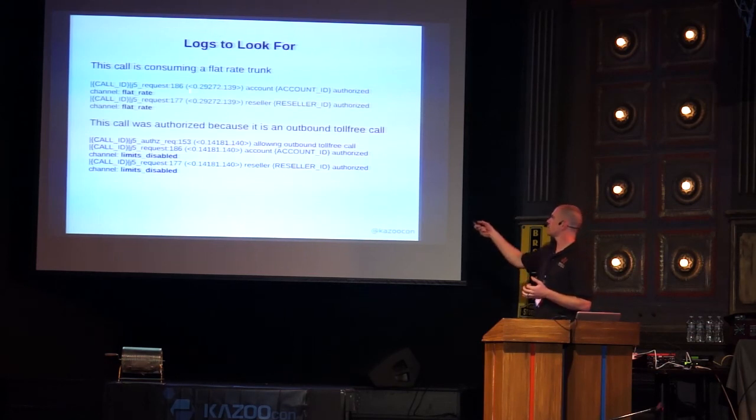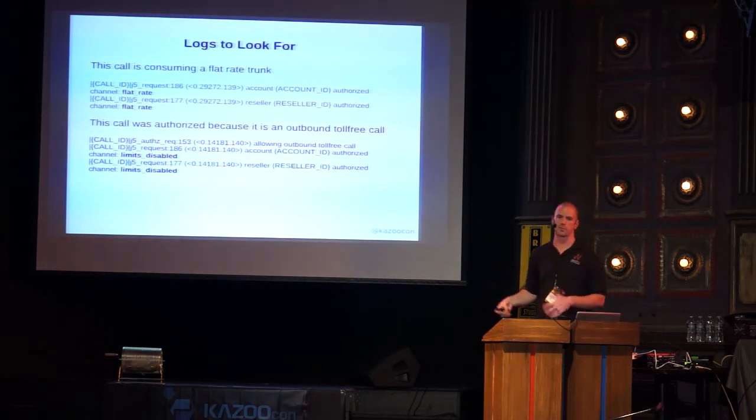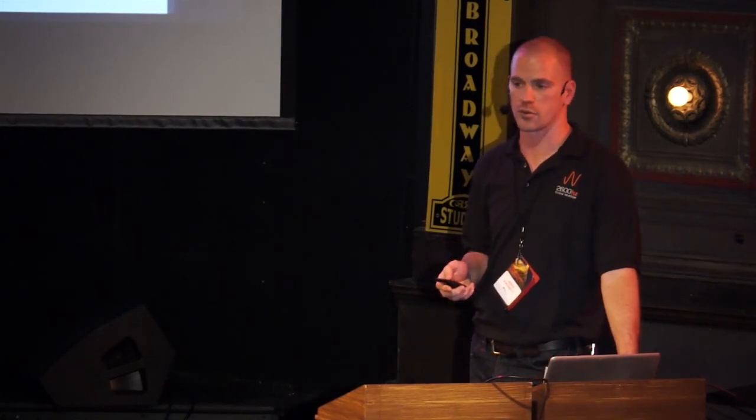So in this case, you can see this call was allowed because it had a flat rate available, and the same with the reseller. In this case, it was a call to an outbound toll-free, and so the call was allowed because the limits were disabled, because it's one of those special cases. But these are the log lines of this form that you would look for to see why a call was or was not allowed.